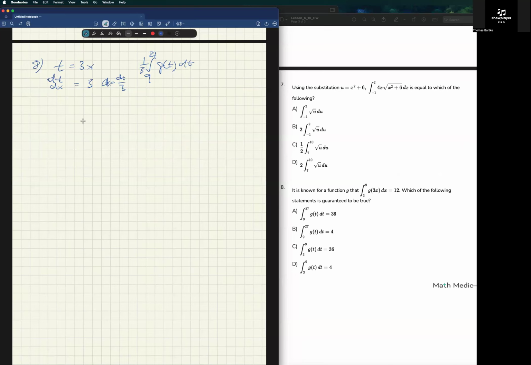So if g of 3x, okay, let's do it this way. If g of 3 times something, and the upper boundary is 9, so g of 3 times 9 minus g of 3 times 3 equals 12.